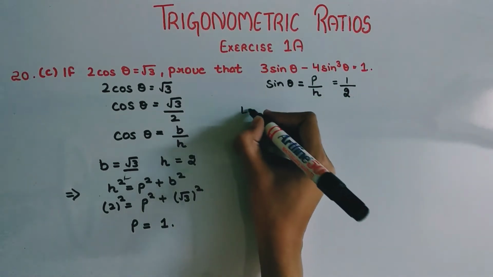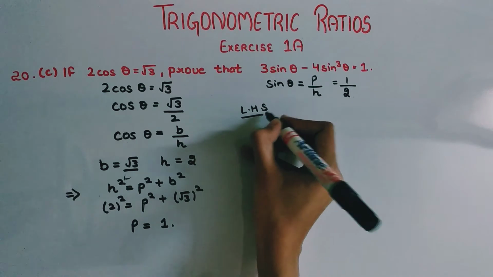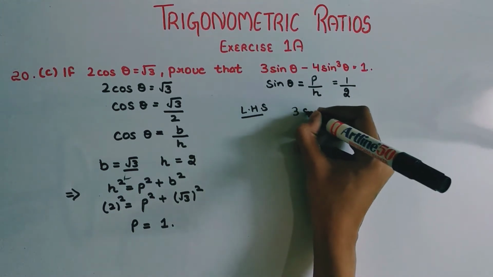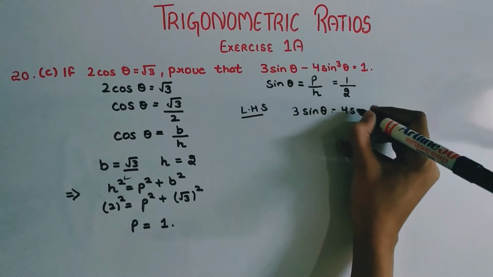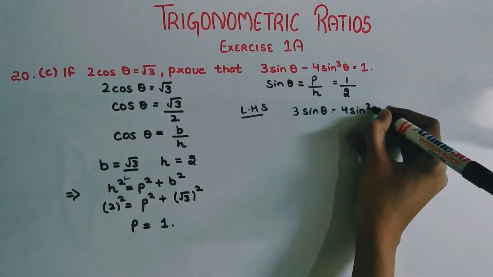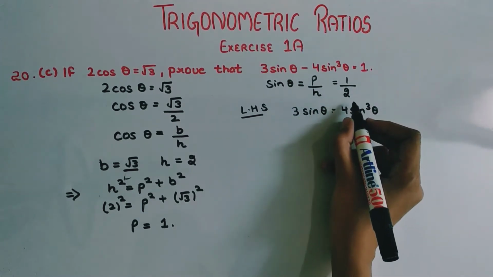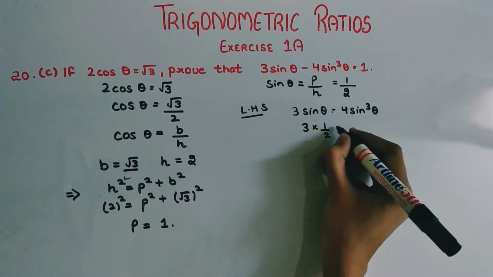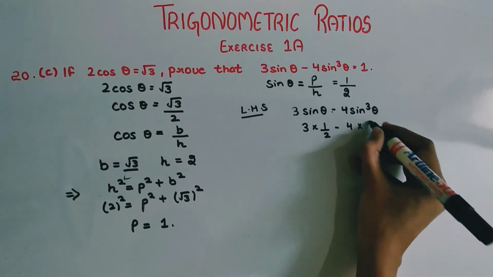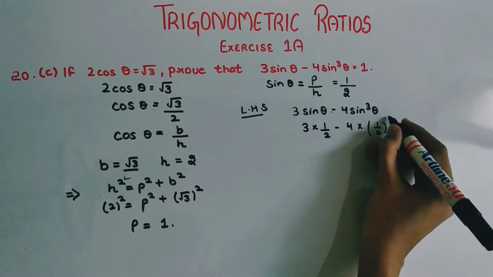Now from the equation we have left hand side, that is 3 sine theta minus 4 sine cube theta. We have value of sine theta that is 1 by 2, hence 3 multiplied by 1 by 2 minus 4 multiplied by cube of 1 by 2.